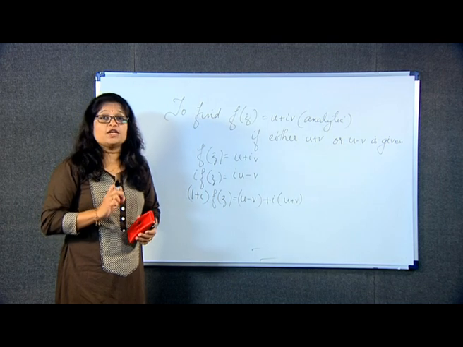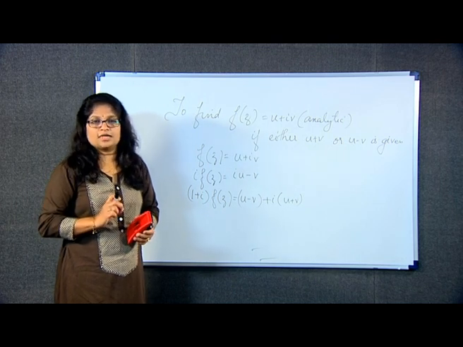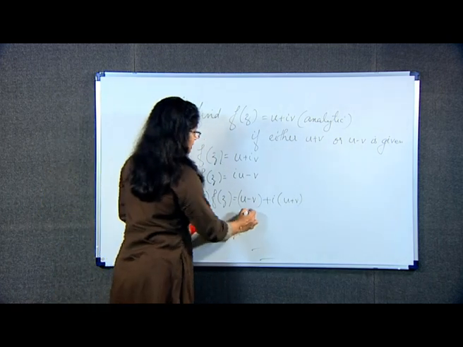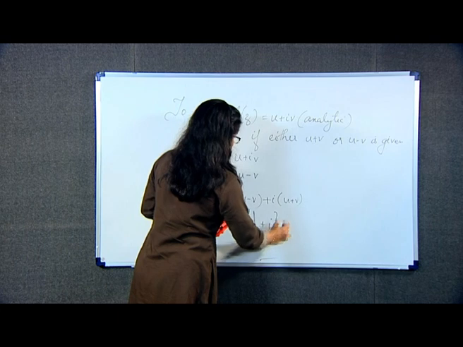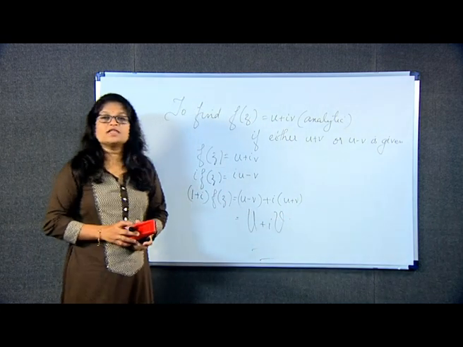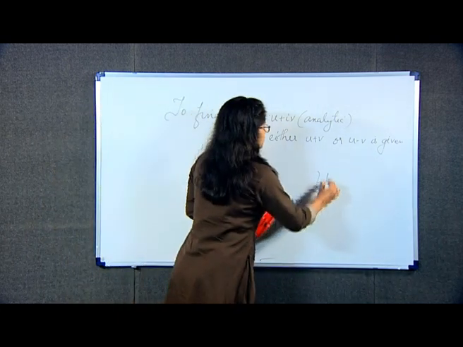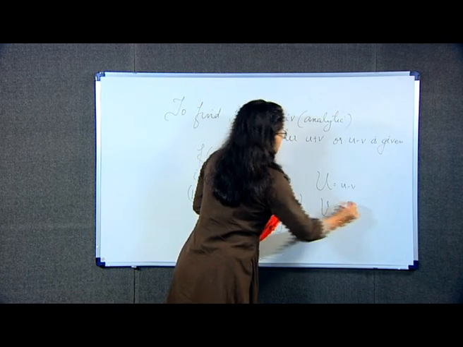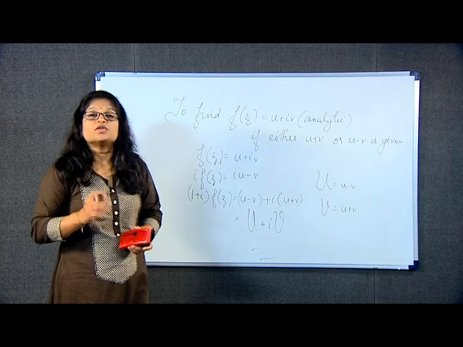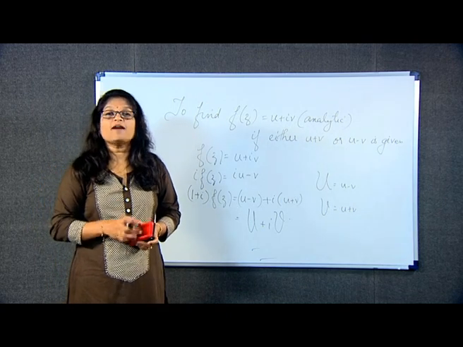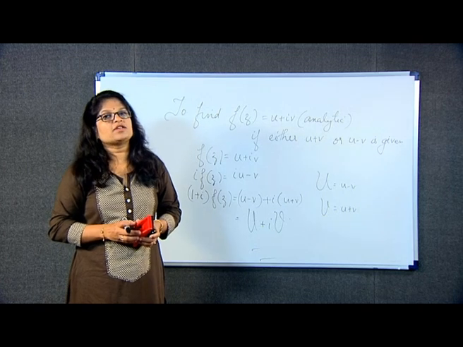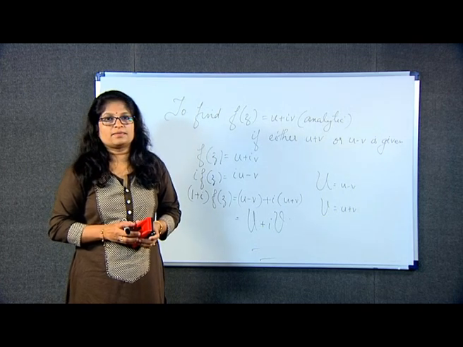So, you can still use the Milne-Thompson method here. Let us call this u - v as capital U and u + v as capital V. So, now instead of f(z), I have (1 + i) f(z) whose real part is u - v and the imaginary part is u + v.